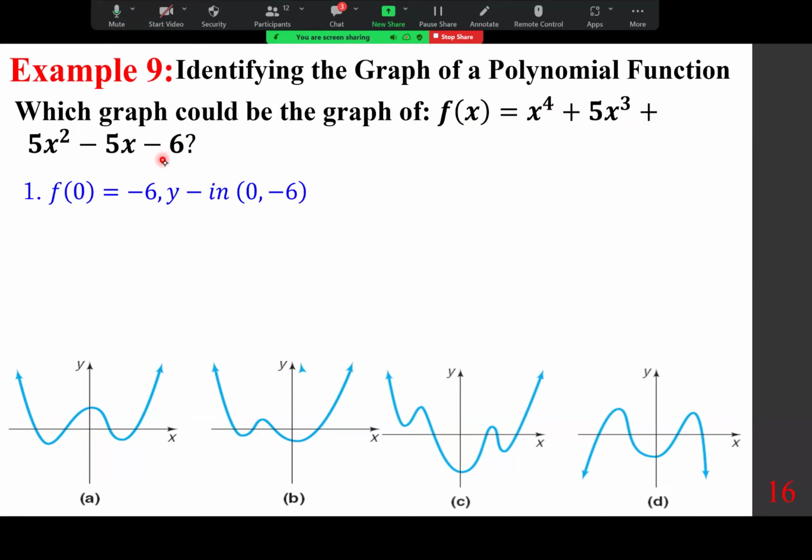So 0, -6. When we look at this one, does it have a y-intercept? Yes. Where is that? It's 0 and some positive value. This one has a negative value. This one has a negative. I'm looking at just the y-intercept. So the first one is out. Then I look at the leading term.